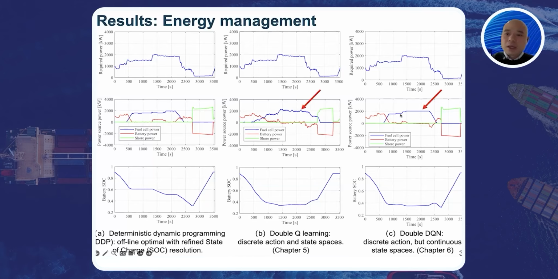On the other side, if we focus on figure C, using a deep Q network in discrete action space but continuous state space, we can see this agent is much more determined and much more confident in determining what power is going to be collected from the fuel cell and what would be the power coming from the batteries.